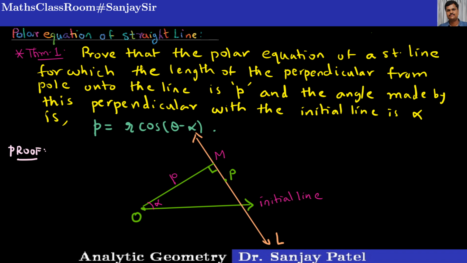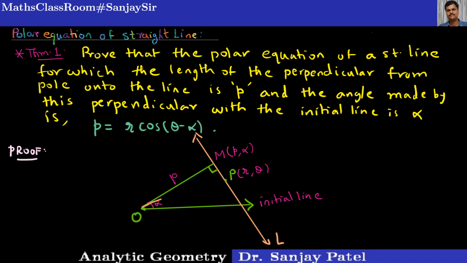So let me write down the coordinates of the point M. It is small p and alpha. These are the polar coordinates of this. And let us assume that the polar coordinates of the point, this capital P, are r and theta. So what will be r and theta in the polar system?